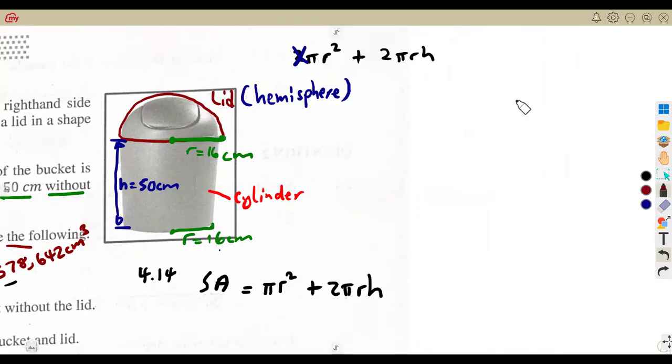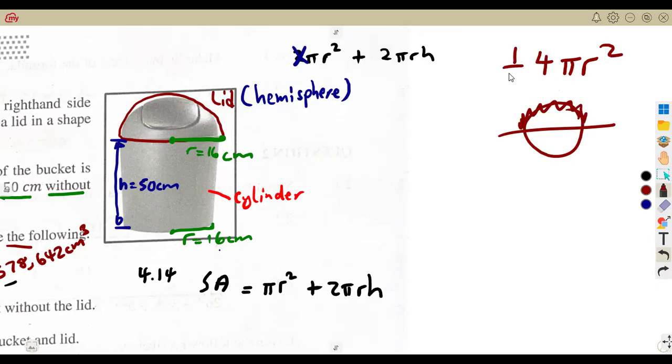Remember, the surface area of a complete sphere is 4 pi r squared. What about a hemisphere? When it is cut like this, it is going to be half of this. So half of this is going to be 2 pi r squared.